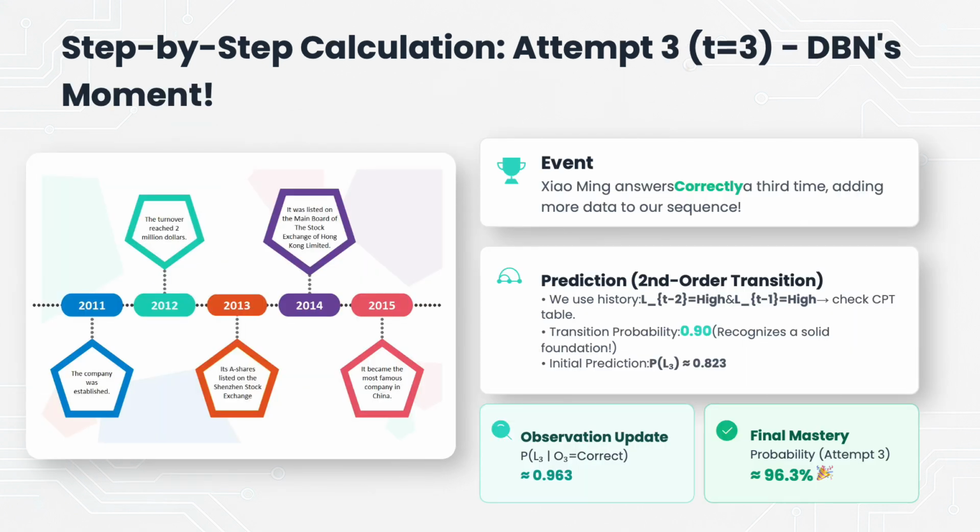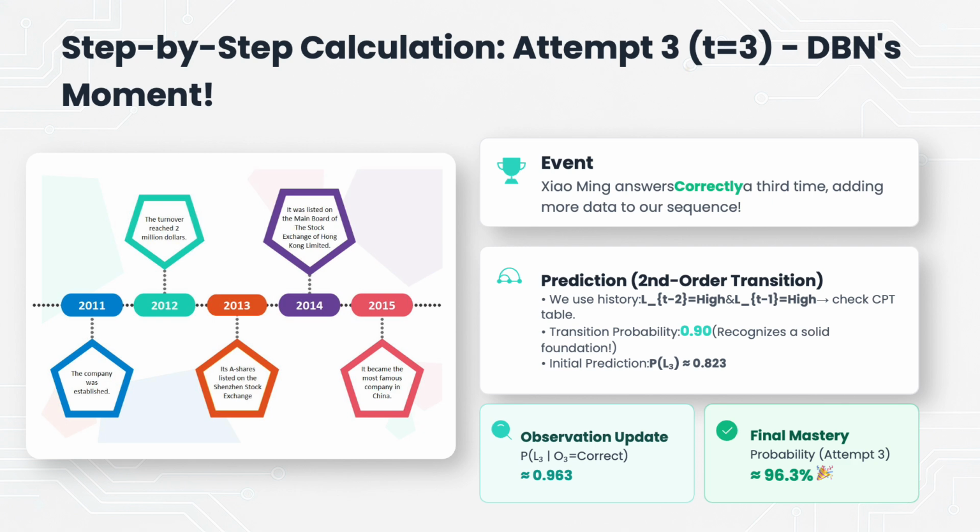Here comes the exciting part, the moment where DBN truly shows its power. It's the third attempt, and Xiaoming gets it right again. Now we have 2 prior states in our history, t=1 and t=2. Our second-order DBN kicks into gear. We look at the combination of the previous 2 states, which were both high.